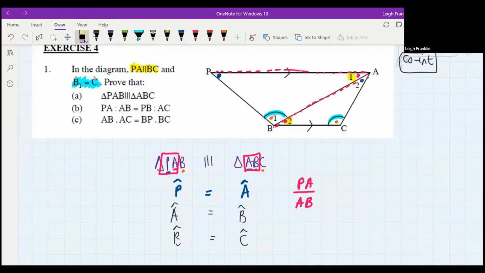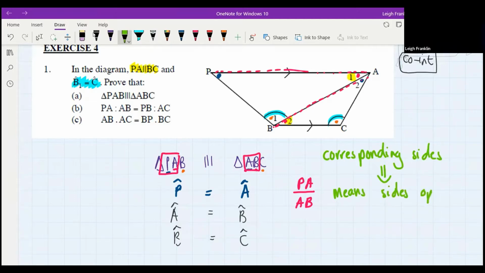Sorry, ma'am, could you please just repeat that one more time? With pleasure. When we talk about sides that are corresponding, Bonnie, in this context, let me write it down for you: corresponding sides means sides opposite angles that are equal.